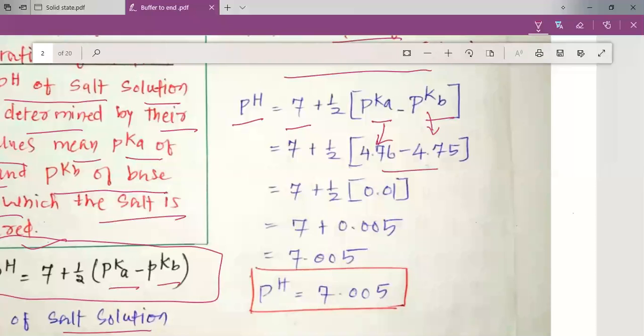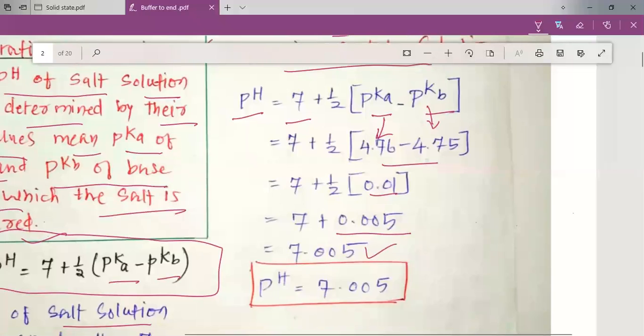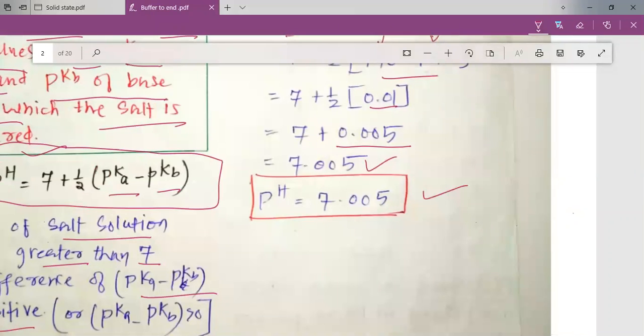By doing this subtraction, we get the value 0.01. So 7 plus 1/2 times 0.01 gives us 7 plus 0.005, which leads to a pH of 7.005, which is slightly greater than 7.